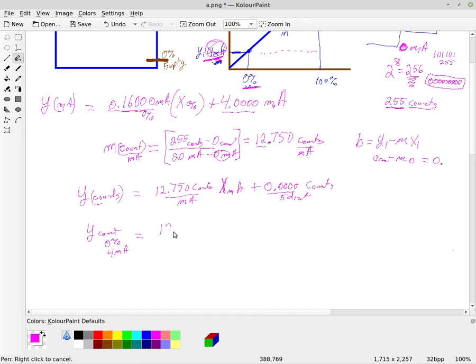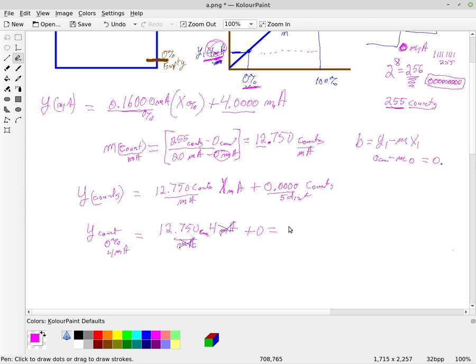Well, we just punch it into the equation here. 12.75 times our 4 milliamperes, and again the units of this are counts per milliampere, so the milliamperes are going to cancel, and I'll be left with counts, and then we're going to add the 0 on there, which of course doesn't change anything.